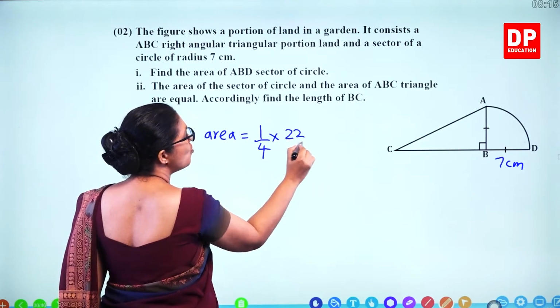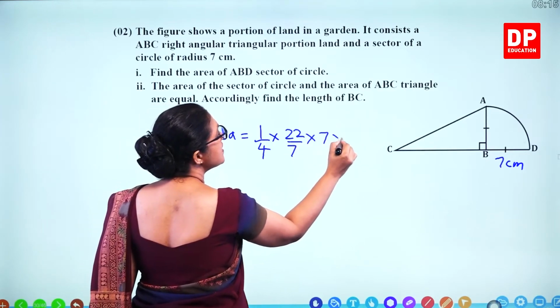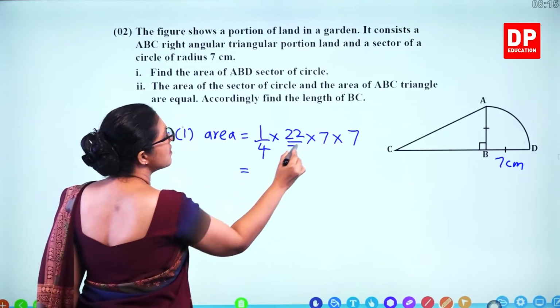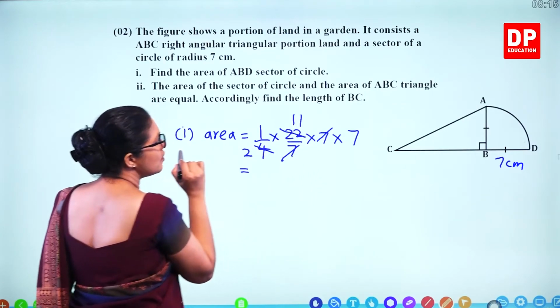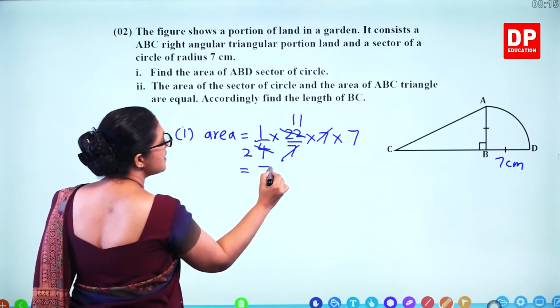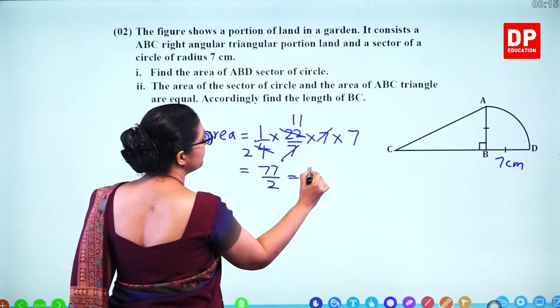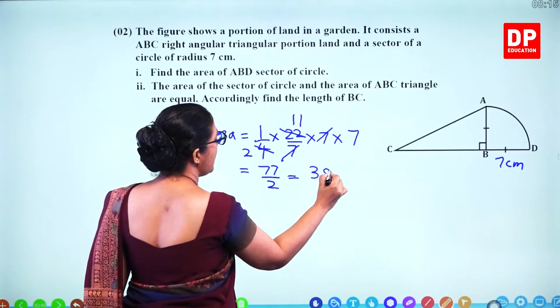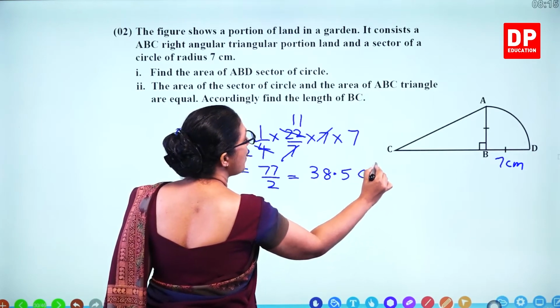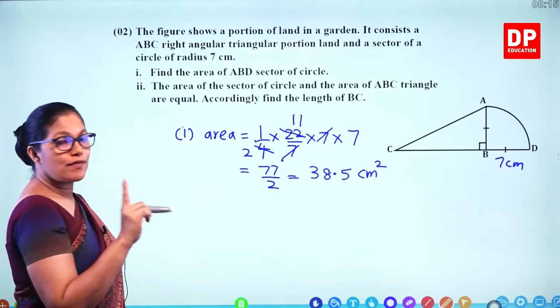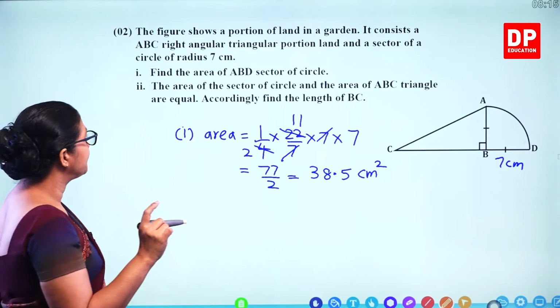Pi is 22/7, radius is 7. So 7s get cancelled out. 2 with this, you get 11. 77 divided by 2. 38.5 square centimeters is the area of the quarter of a circle.